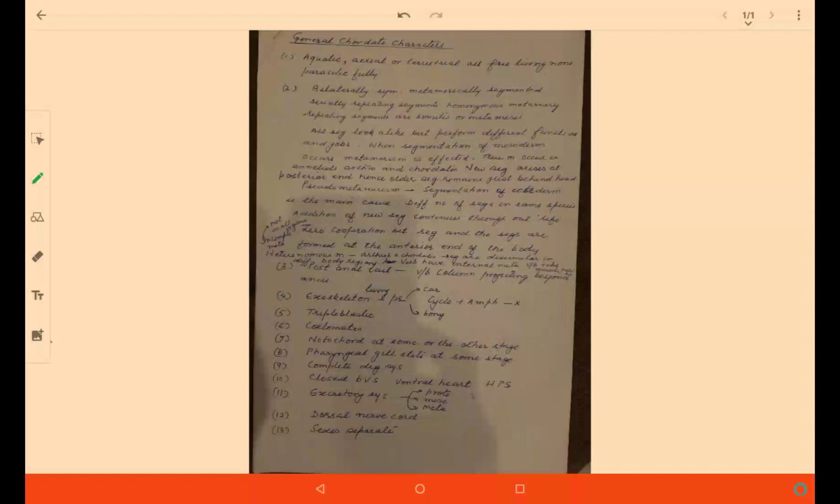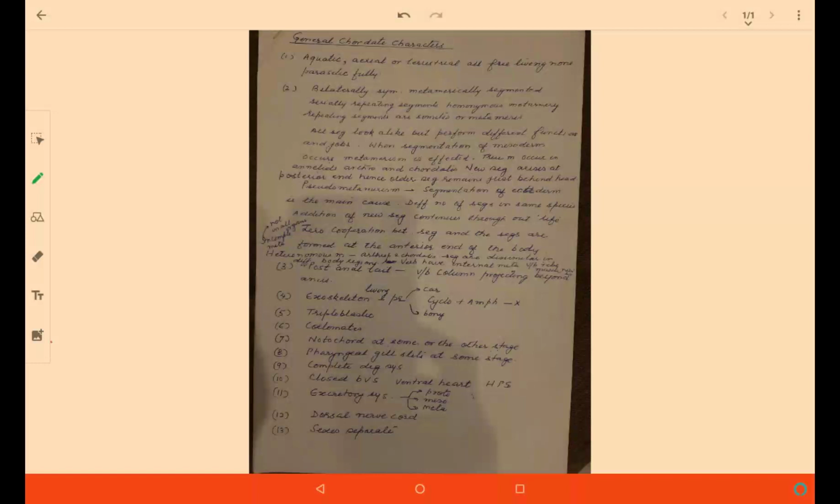Then presence of pharyngeal gill slits and presence of notochord in some or the other stage of life. If an animal is having these three characters in any part of life, they are placed under the category of chordates.